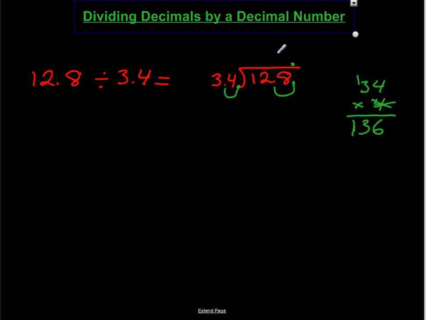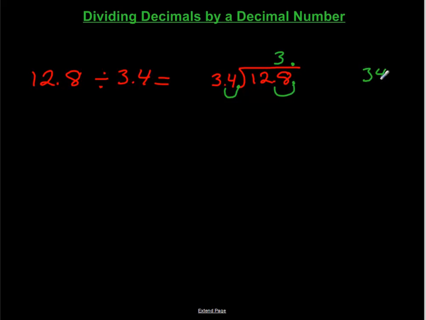So I'm going to say 34 goes into 128 3 times. I'll erase this and try the math again. 34 times 3: 3 times 4 is 12, plus 1, carry my 1 over. 3 times 3 is 9, plus 1 is 10.